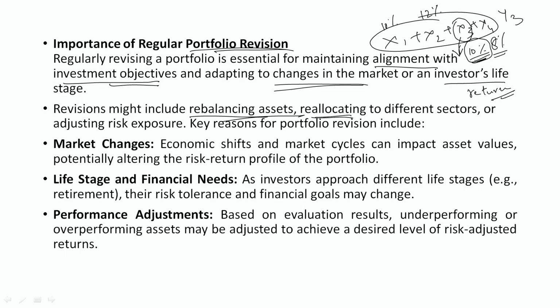So, I am just trying to reallocate. I am going to give a higher percentage to the individual security which is giving a higher return, that is X1. I am going to change this from 10% to 13% and reduce the other from 12% to 9%. So, that is what you mean by reallocation.